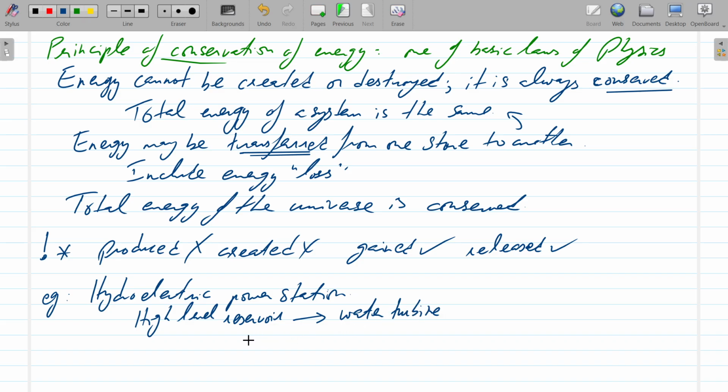So gravitational potential energy moves to kinetic energy of the turbine, and that goes to a generator.